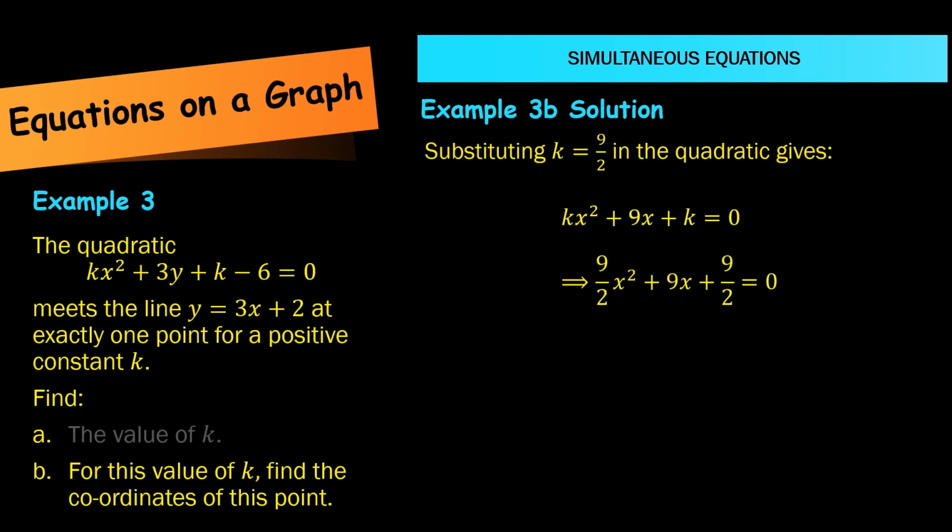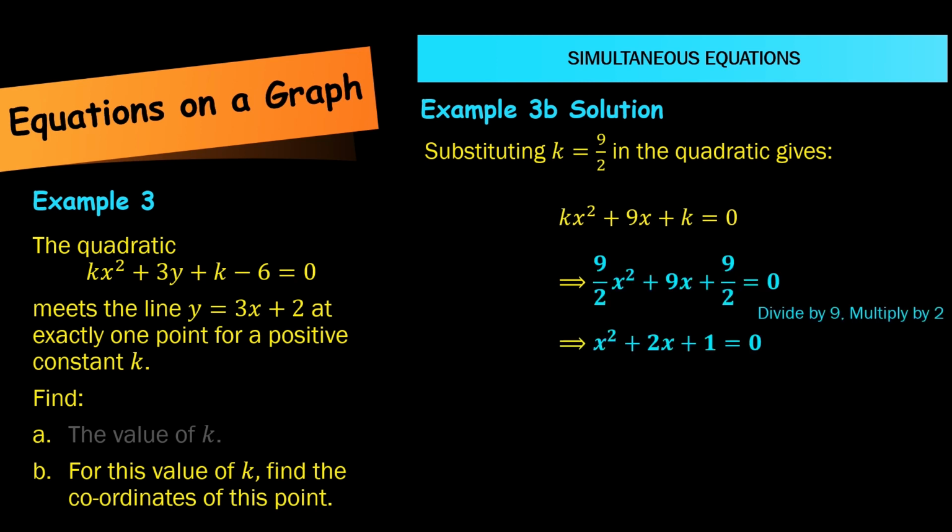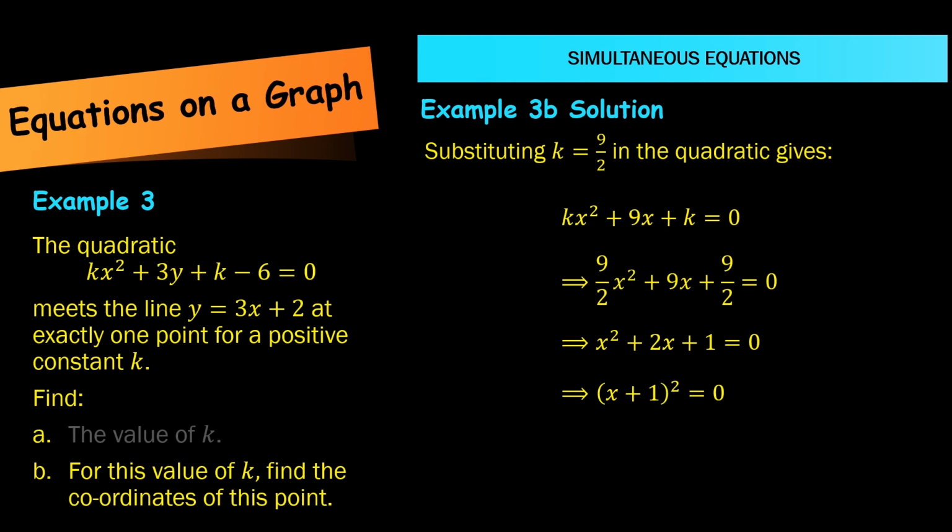We tidy up, divide by 9 and multiply by 2 to obtain x squared plus 2x plus 1 equals 0. And then we factorize. So x plus 1 all squared is equal to 0. This implies that x is equal to minus 1.